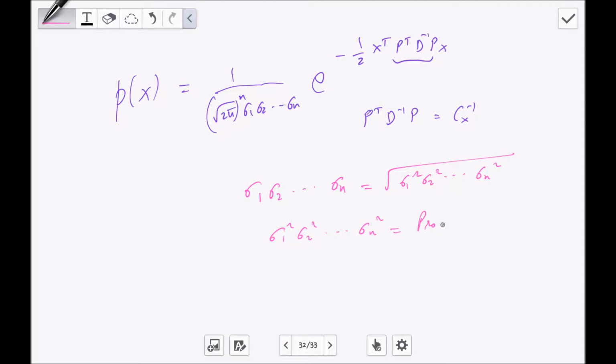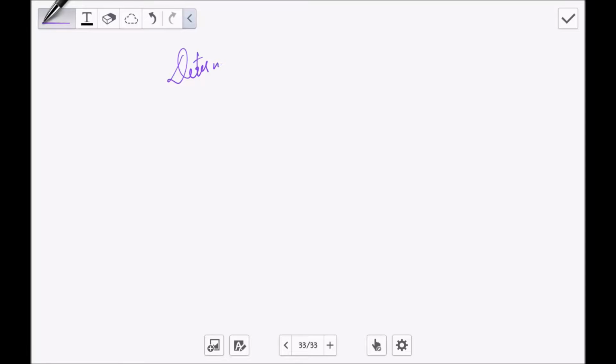This is the product of diagonal elements of the matrix D. Determinant of a matrix is product of eigenvalues, isn't it?